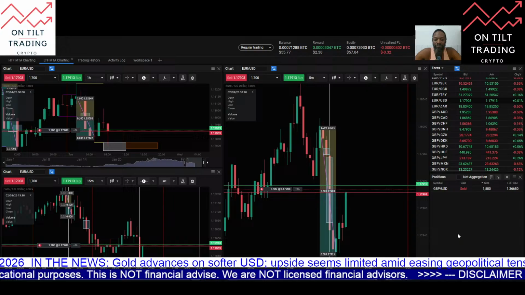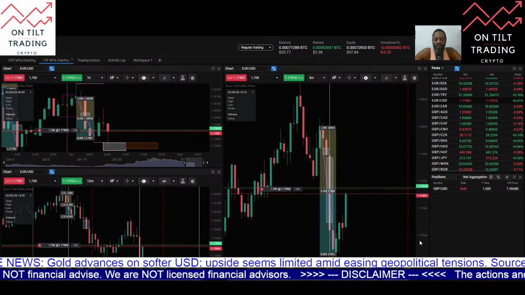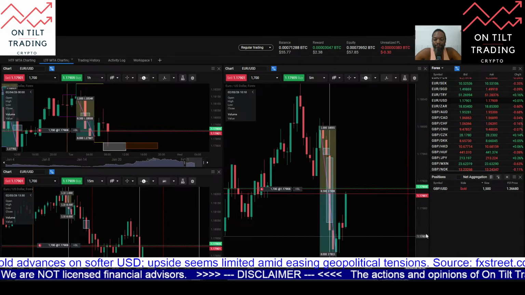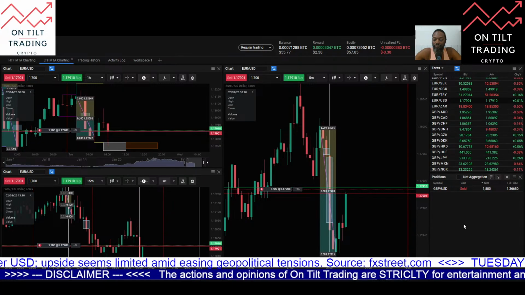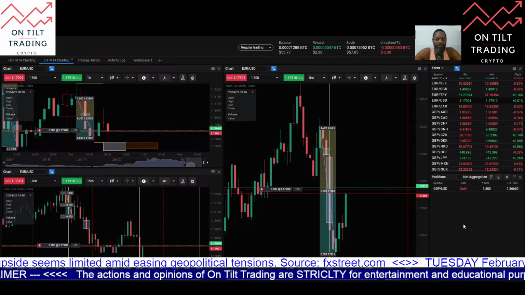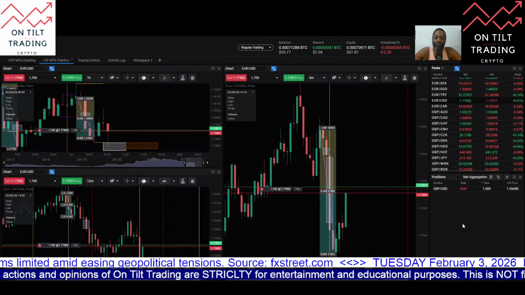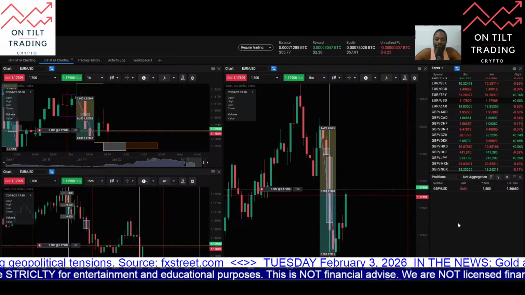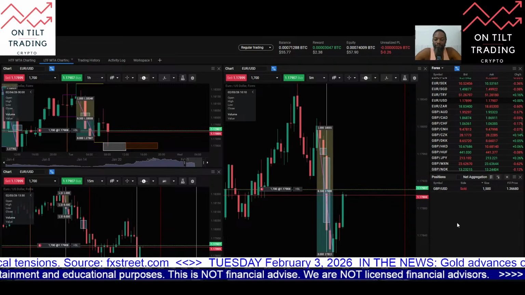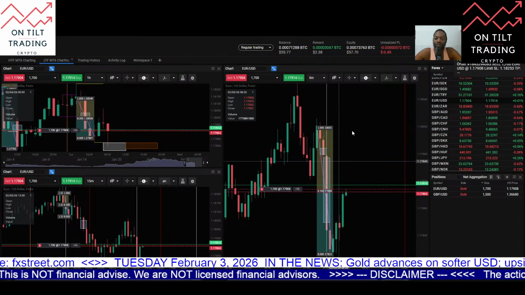Still seeing some buy side delivery here on Euro USD. Very near to my limit entry now, trading just below it here. And there's entry here.